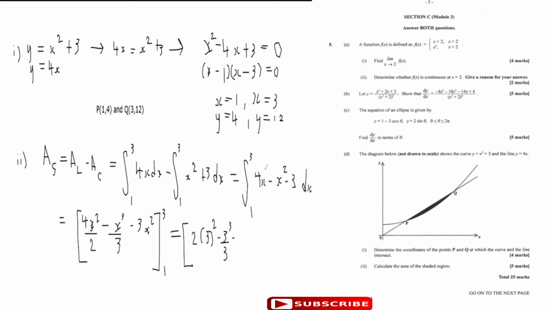Let me see, add 1 to the power 2 divided by the power, minus, add 1 to the power 3 divided by the power 3, minus 3x. This shouldn't be a square. Where does 2 come from? I did not put it there. I don't remember putting that there. Minus 3 times 3.